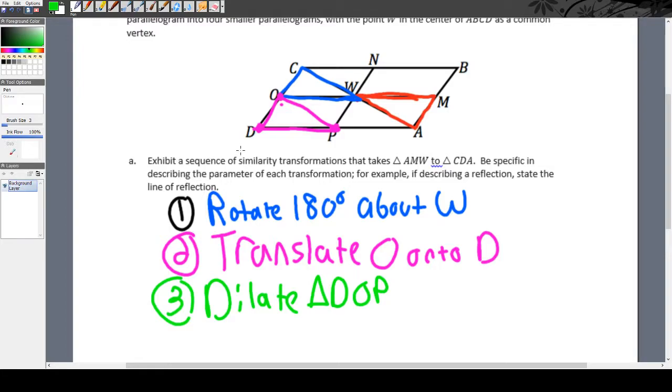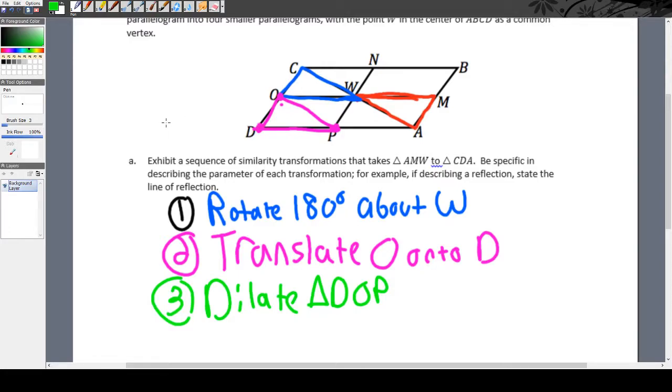Well, if you notice, I need to have it so that the purple ends up covering the distance from D to C and from D to A. Well, if you remember when we took our compasses and we measured out the distances, you figured out what the scale factor was.